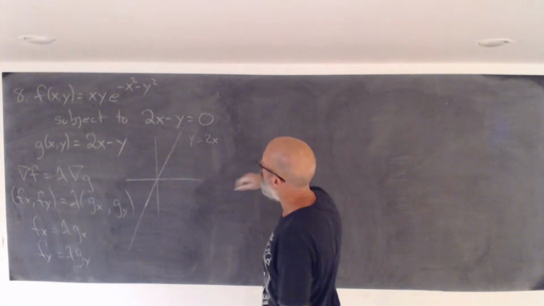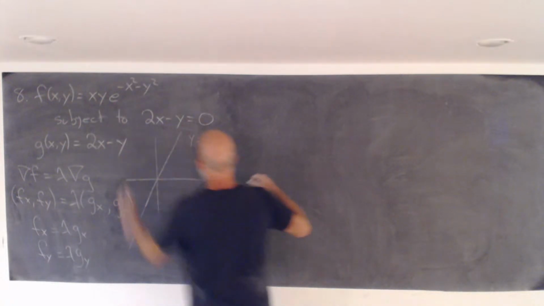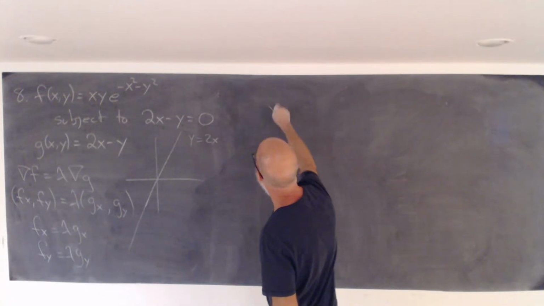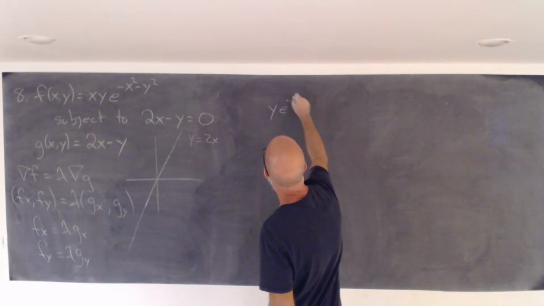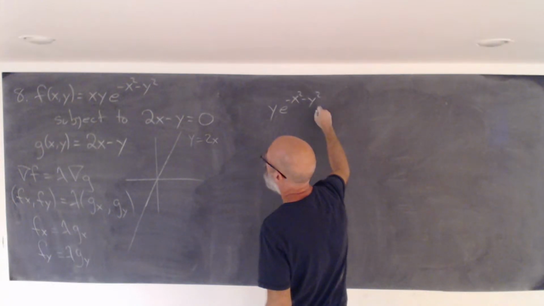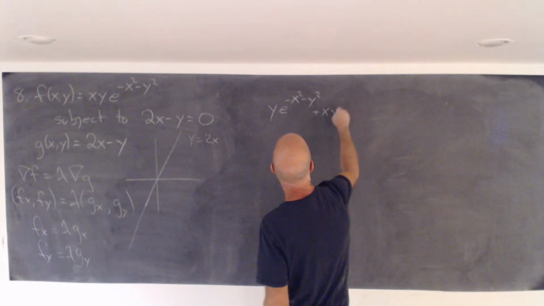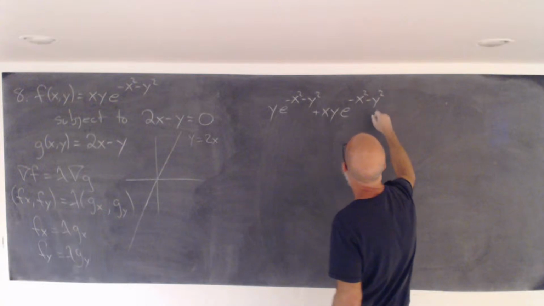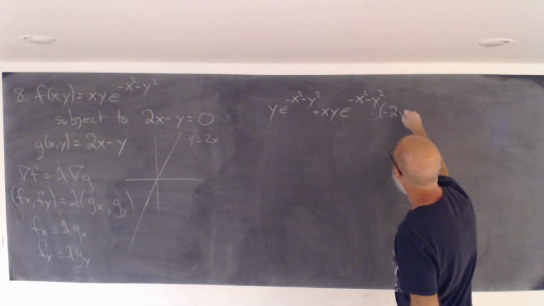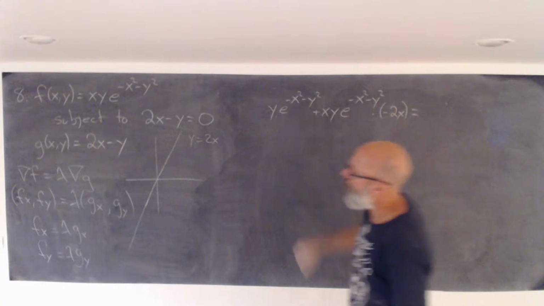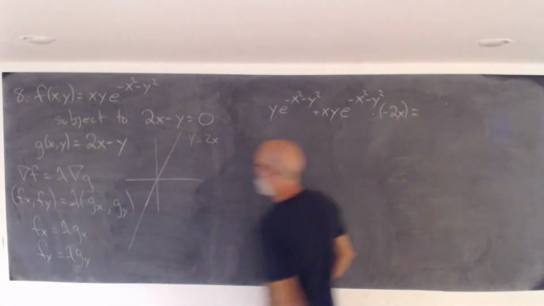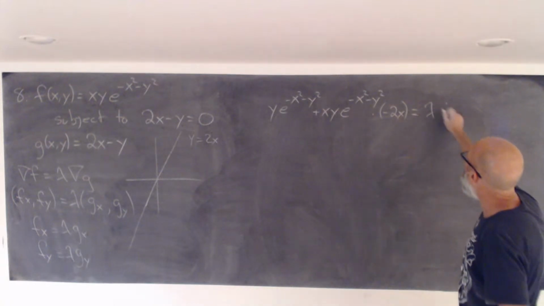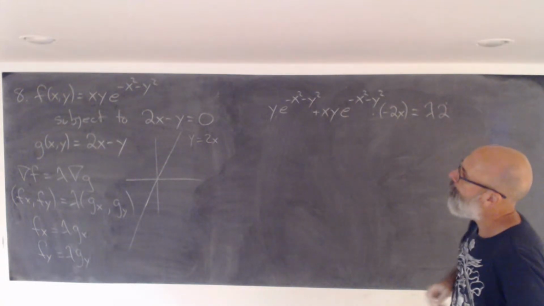So fx, the derivative of this with respect to x, is what? It's a product, so product rule applies. Y e to the negative x squared minus y squared, plus leave the xy fixed, differentiate the exponential, times the derivative of the inside, and that should be equal to lambda times the derivative of g with respect to x, so 2 lambda.